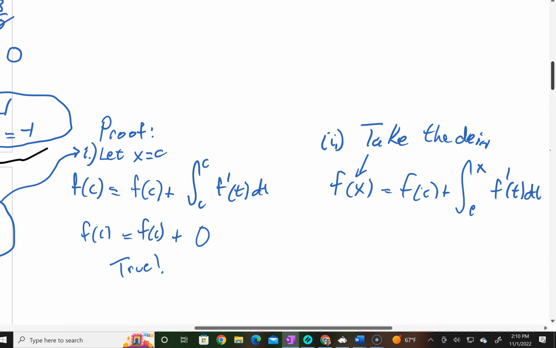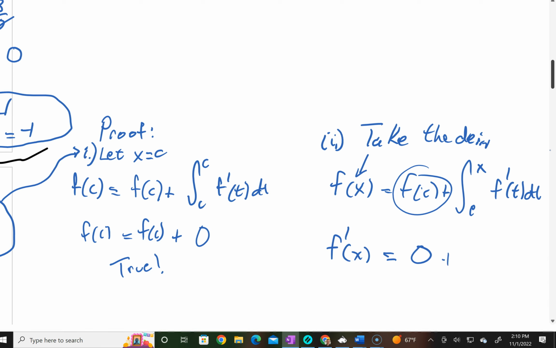What's the derivative of f of x? F prime of x. Now wait a minute, what's the derivative of f of c? Hold on, f of c is a constant. Isn't it just some number like 17 or 5 or negative 2? That's 0.